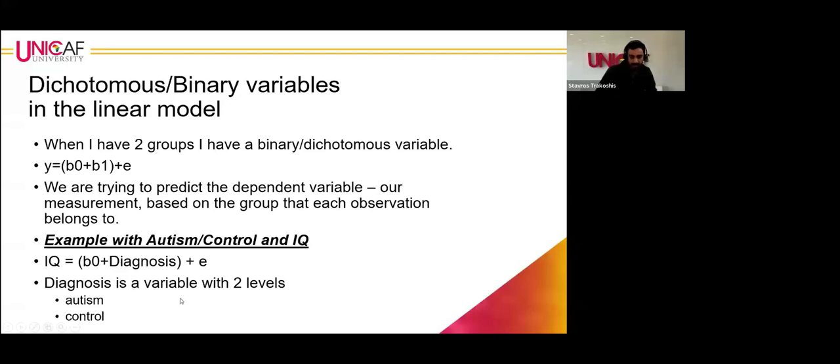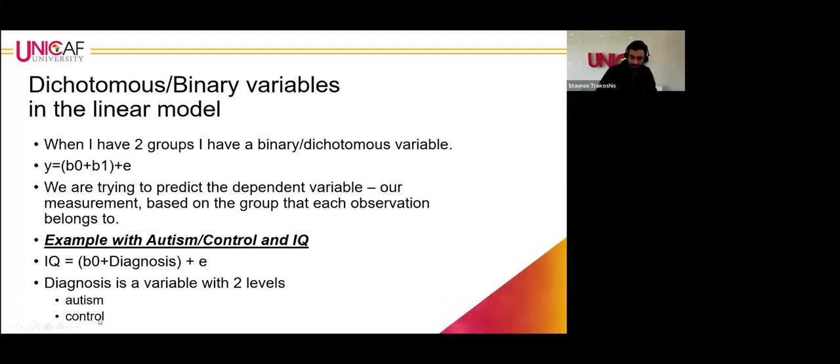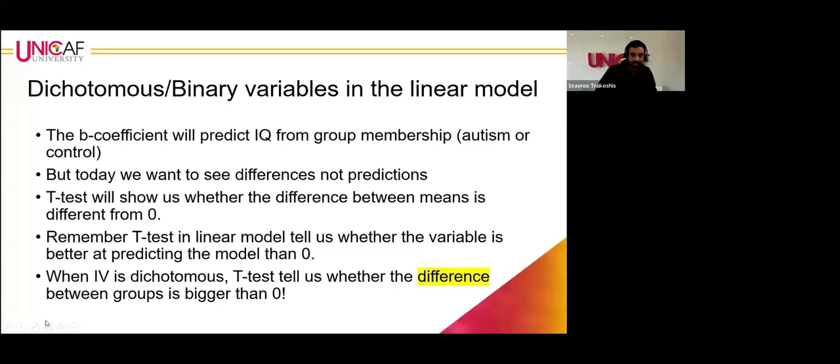But diagnosis is a variable that has 2 levels because it's a binary or dichotomous variable. Each person is either under this name or under this name. The beta coefficient will predict IQ from group membership, autism or control.